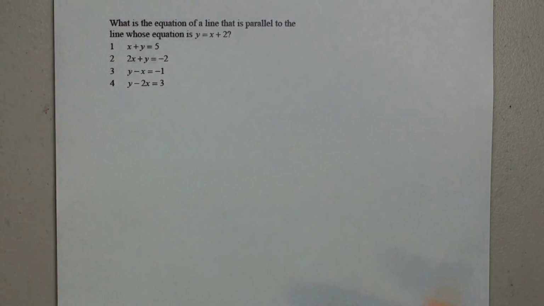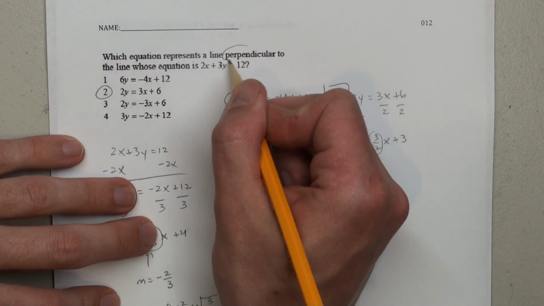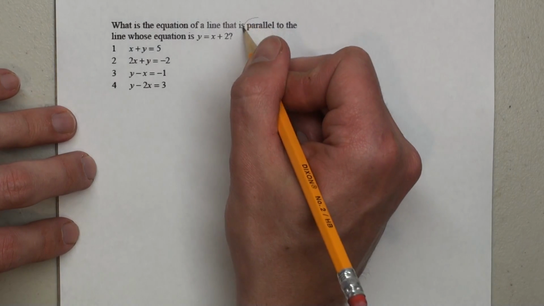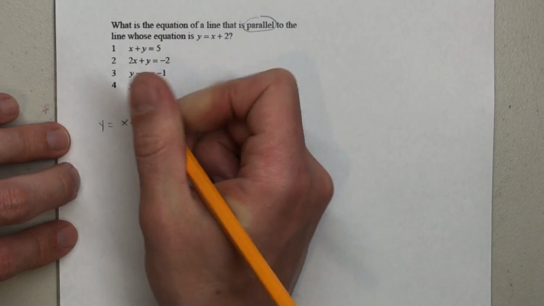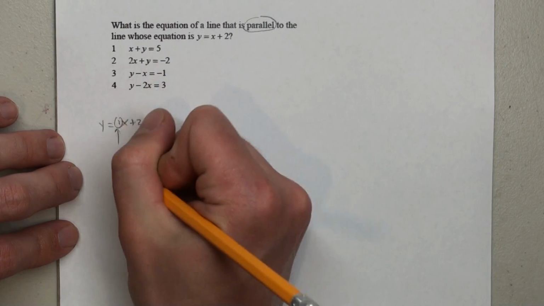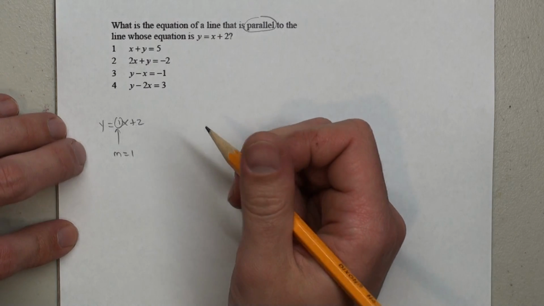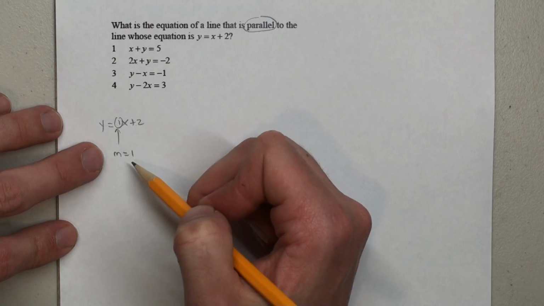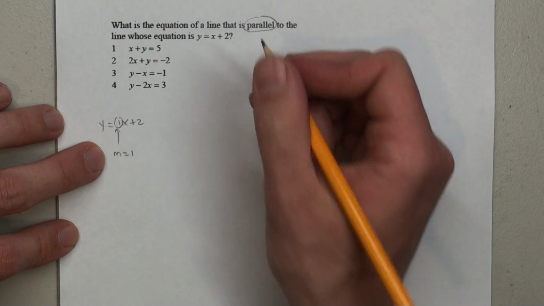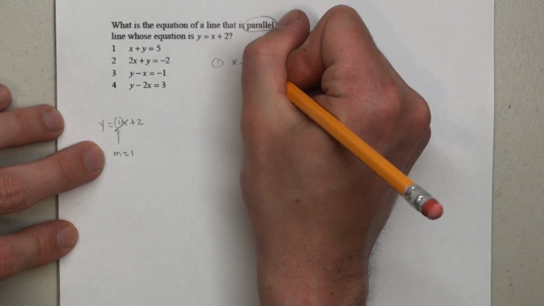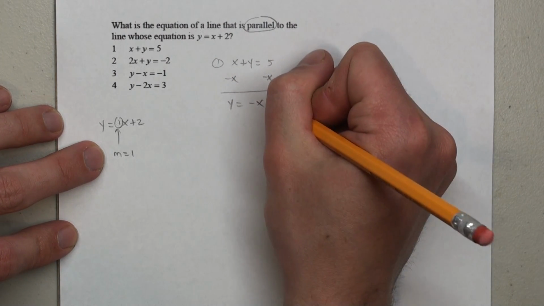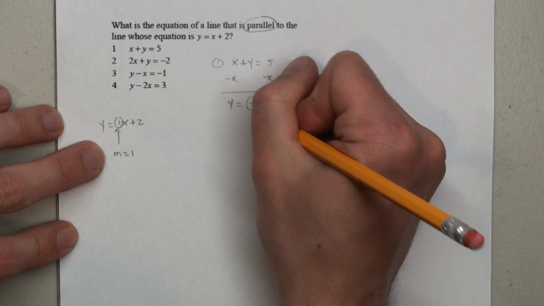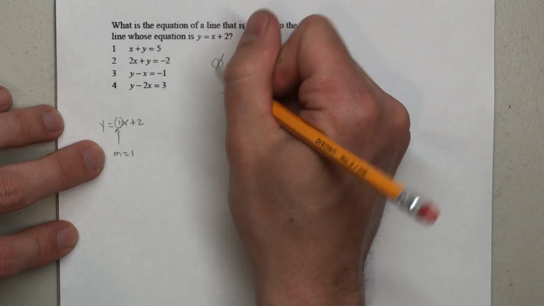Now we want, let's go back to this one. Let's circle perpendicular. That's what they wanted, right? This time they want parallel to this line. So if I have y equals x plus 2, there's really a 1 there. So I'm looking for which equation has the same slope, because parallel lines have the same slope. So if I look at number 1, it's not that one, right?